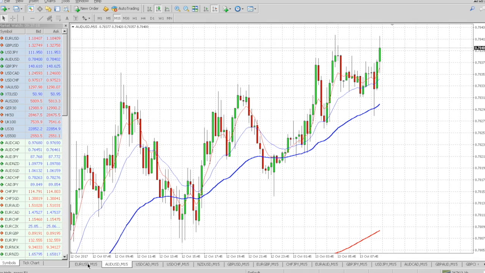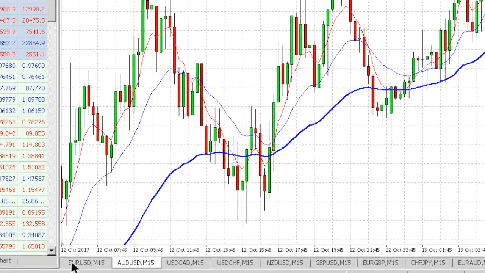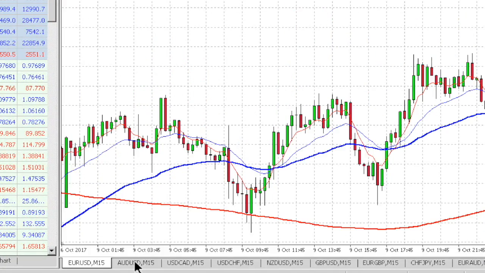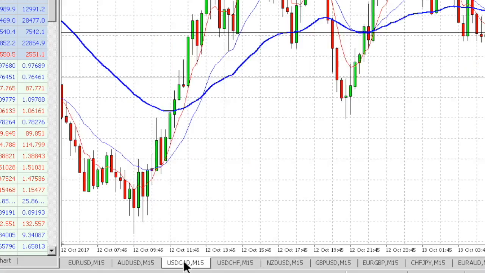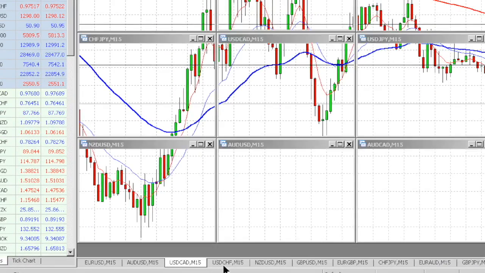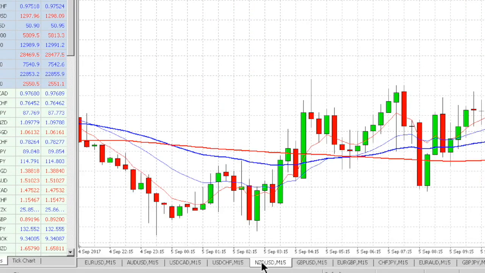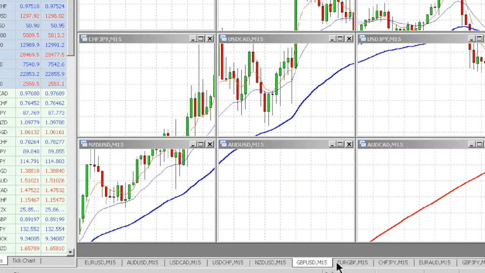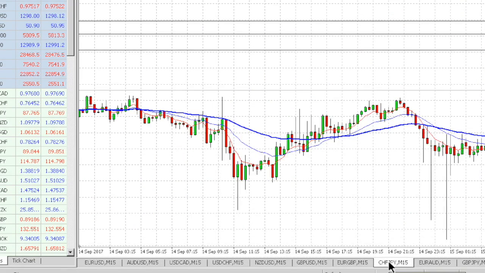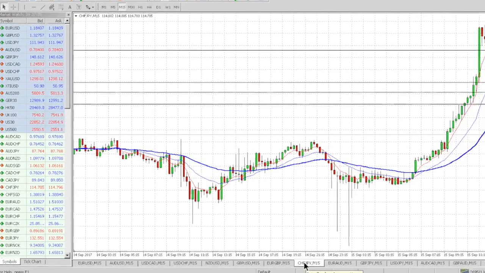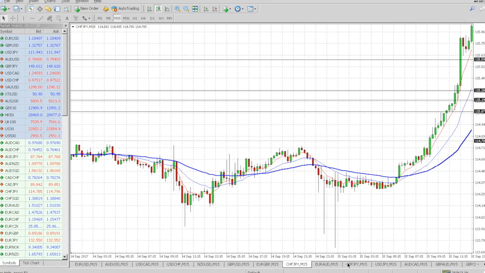And on the MT4, I have created all these tabs, right? So Euro USD, Aussie dollar, dollar CAD, dollar franc, New Zealand dollar, pound dollar, euro pound, franc yen. So you can see I look at almost every pair, right? Except the exotic pairs, like I don't look at Singapore dollar or Chinese yen.